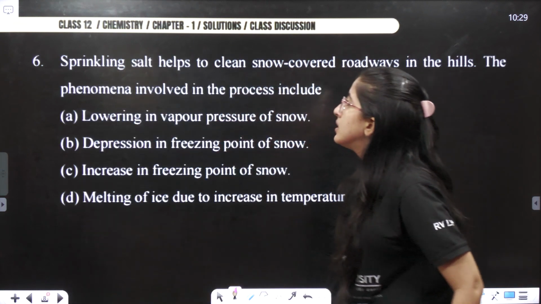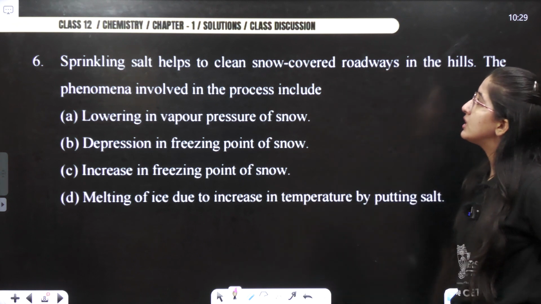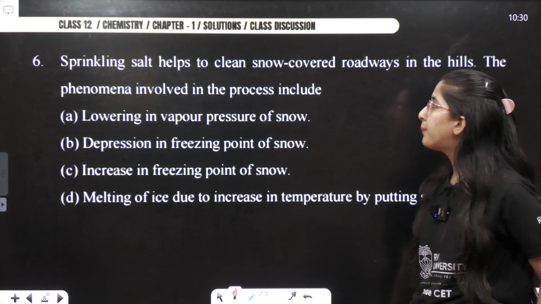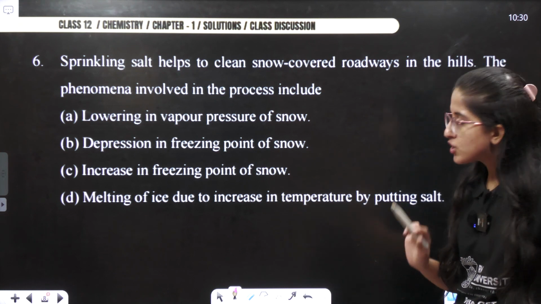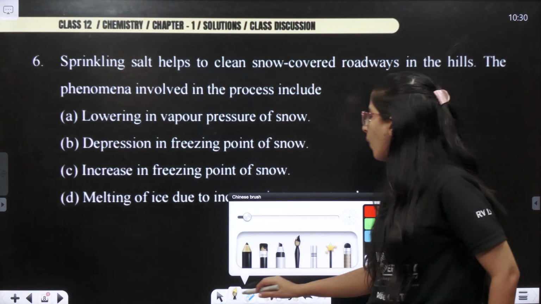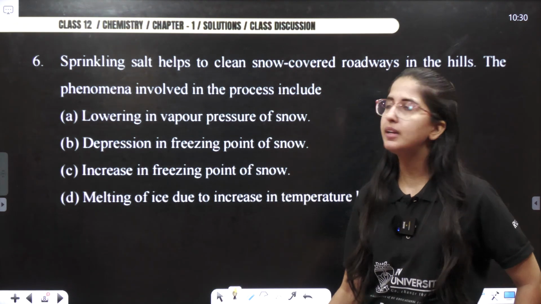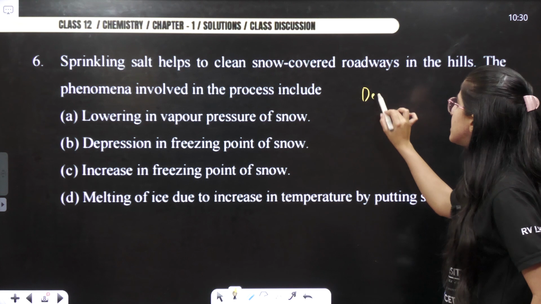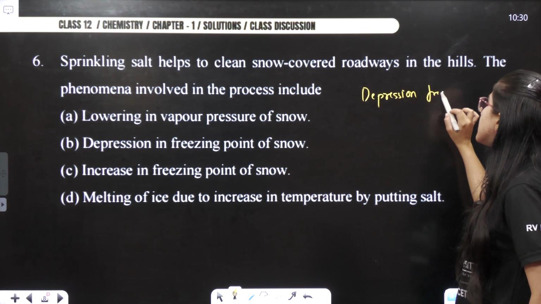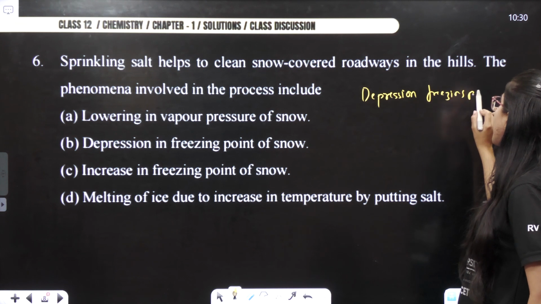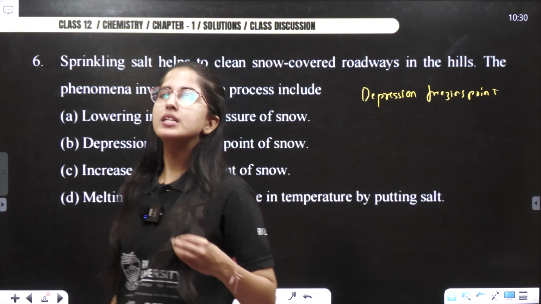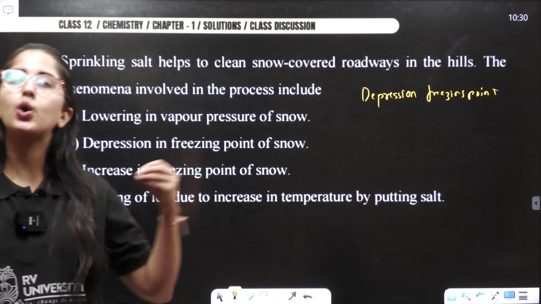Next question. Sprinkling salt helps to clean snow-covered roadways in the hills. The phenomenon involved in the process includes what? So when a non-volatile solute is added into your solvent, what will happen? There will be a depression in freezing point. Correct? Freezing point is depressed. So therefore it will start to melt quickly.